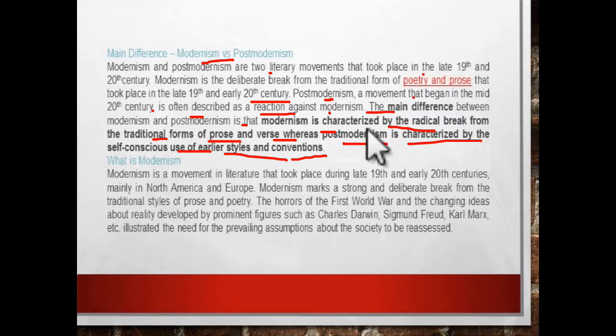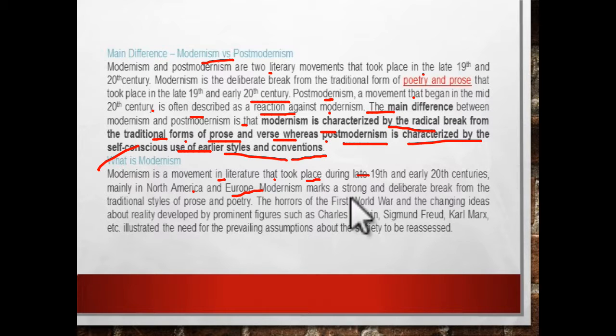So, a radical break from the traditions, from forms of prose and verse, whereas postmodernism is characterized by the self-conscious use of earlier styles and conventions. What is modernism? Modernism is a literary movement that took place during the 19th and 20th century in North America and Europe.